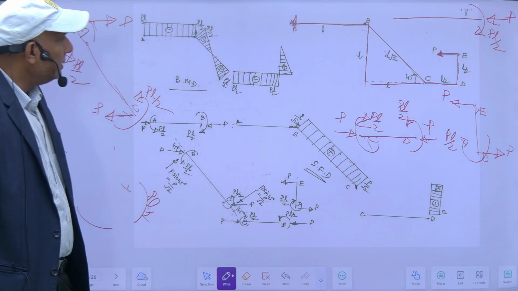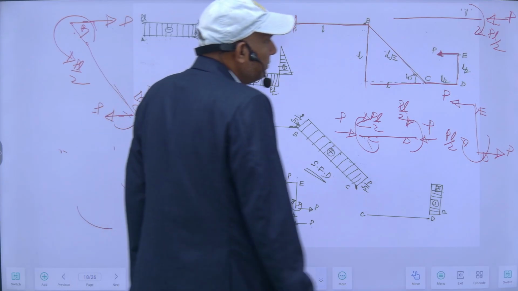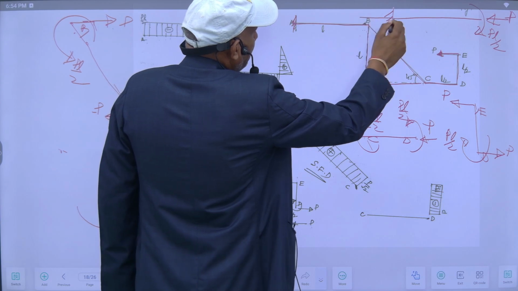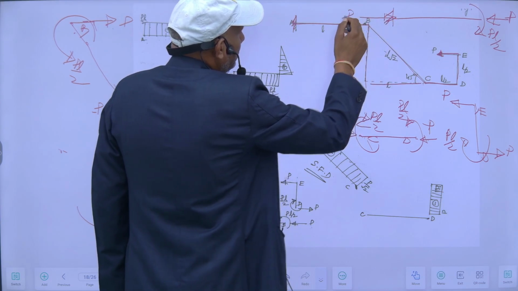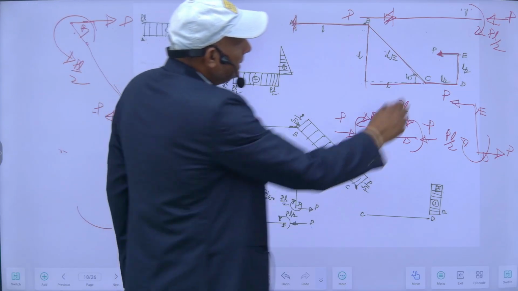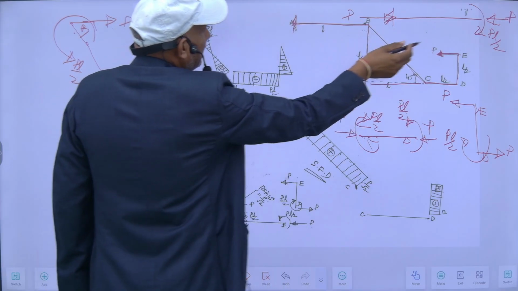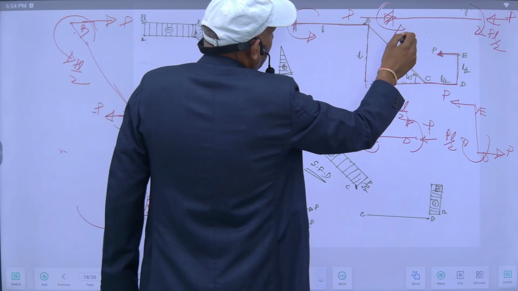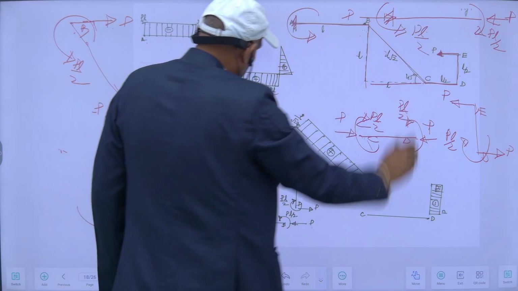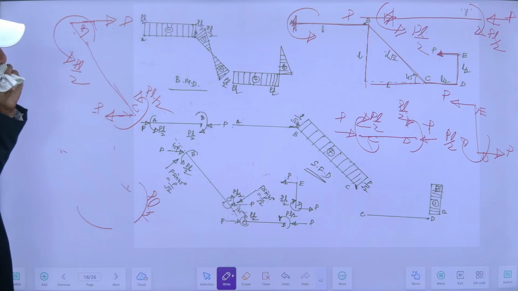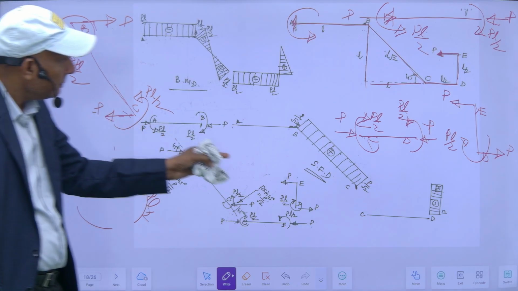In addition to this, no other force and moment. So obviously at this end there must be a horizontal force of P like this, opposite to this, no vertical direction. So this will be PL by 2. So this will be my free body diagram.